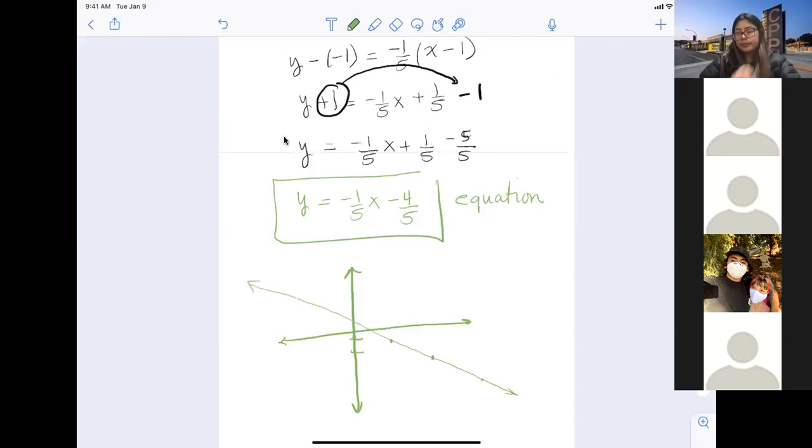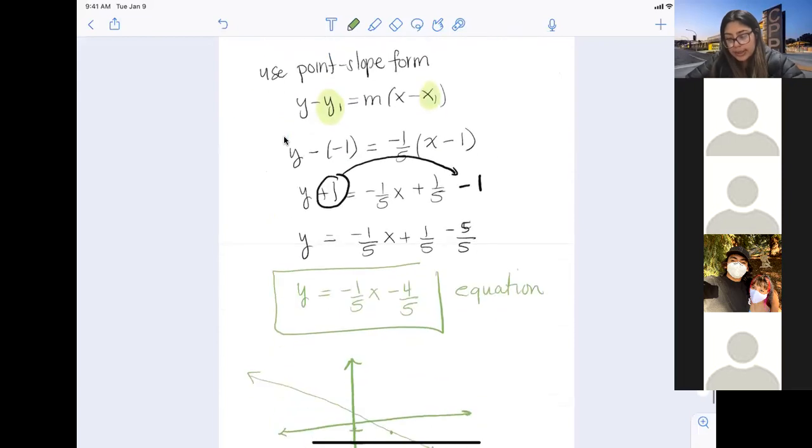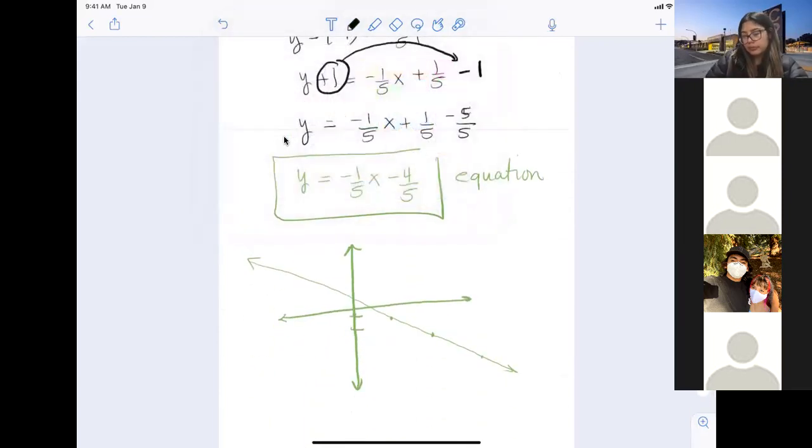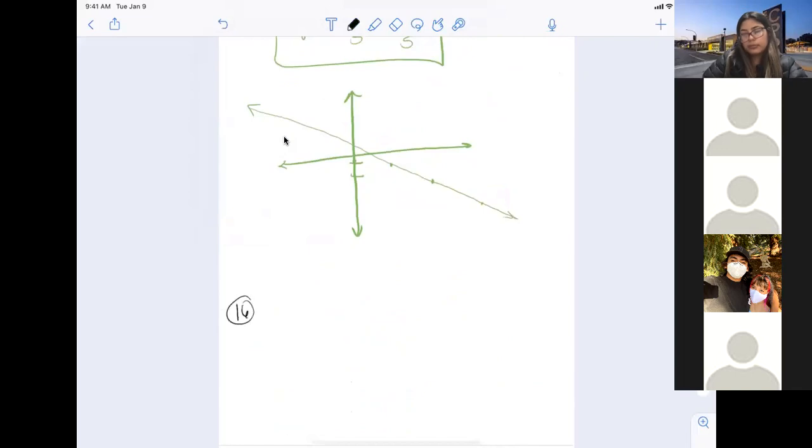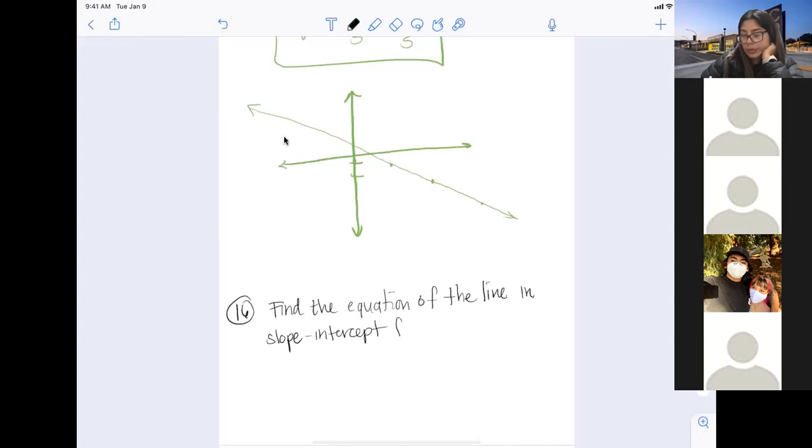Next up, 16. Find the equation of the line in slope-intercept form. They're going to tell you what form they want it. Well, what is that form?